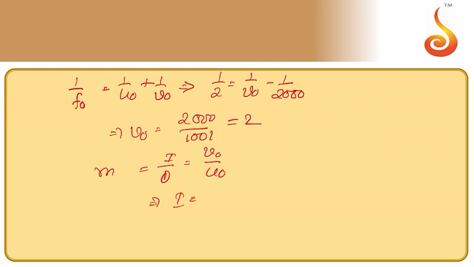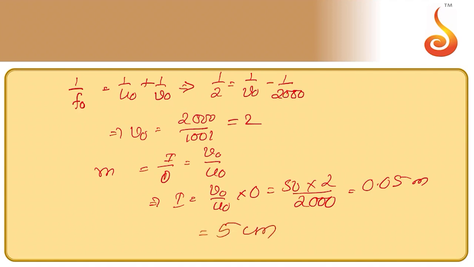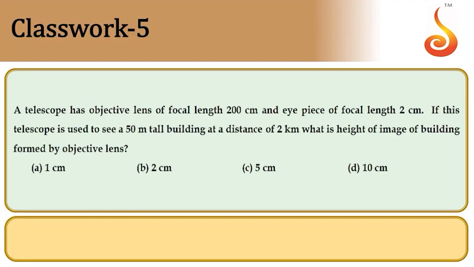That gives me the image size as V naught by U naught into O, that is 50 into 2 divided by 2000 is equal to 0.05 meter, or the height of the image formed by the objective lens is 5 centimeter. This is our correct choice.